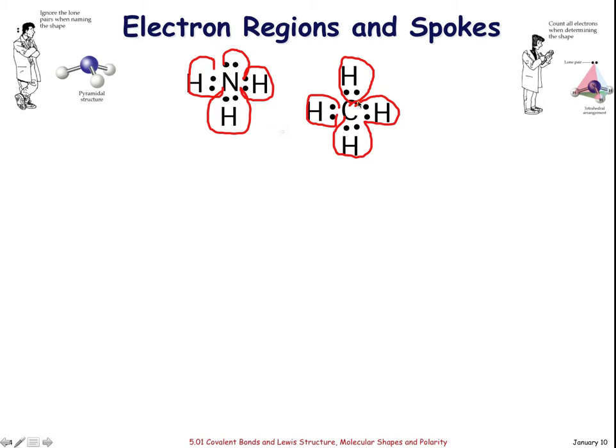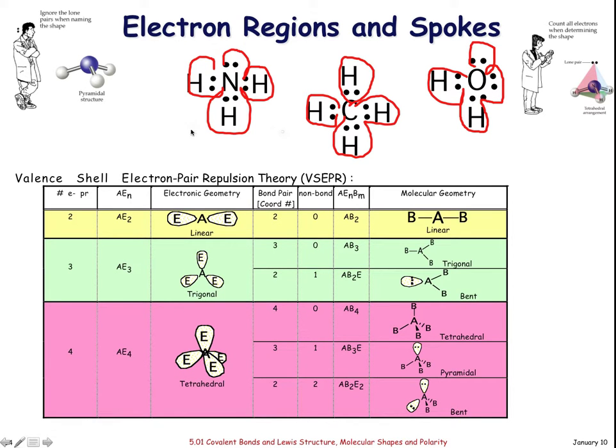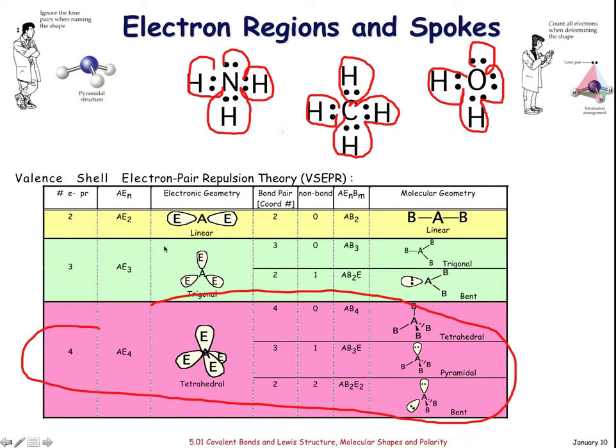Methane has four regions of electron density, four bonded atoms, zero lone pairs. And water, four regions of electron density, two bonded atoms, two lone pairs. So all these three would be right here in red. For methane, you have 4 and 4. The regions of electron density will always give you the electronic geometry.